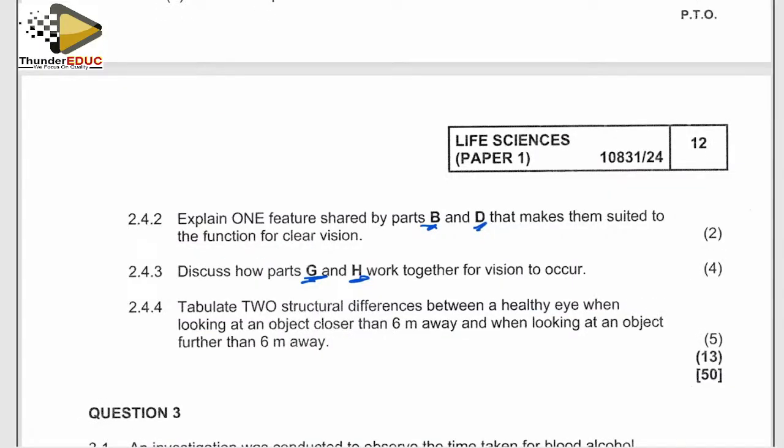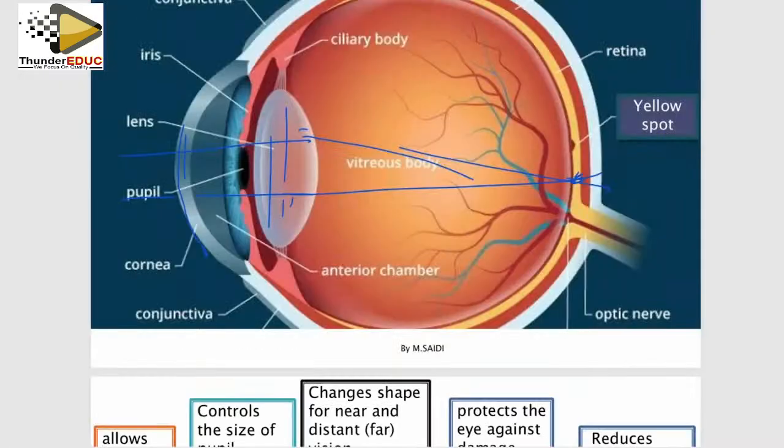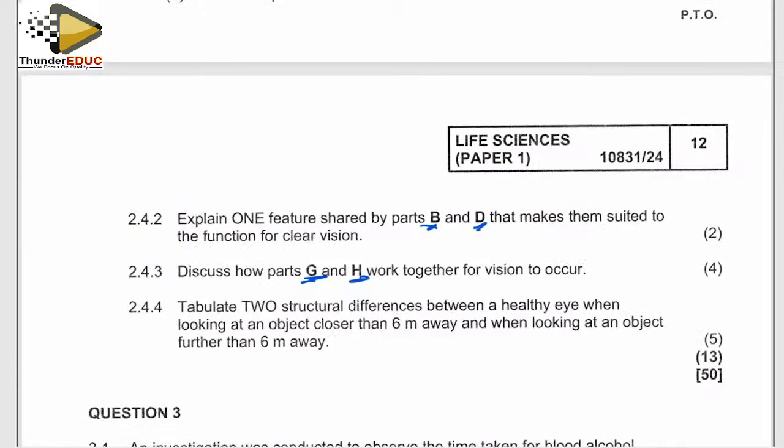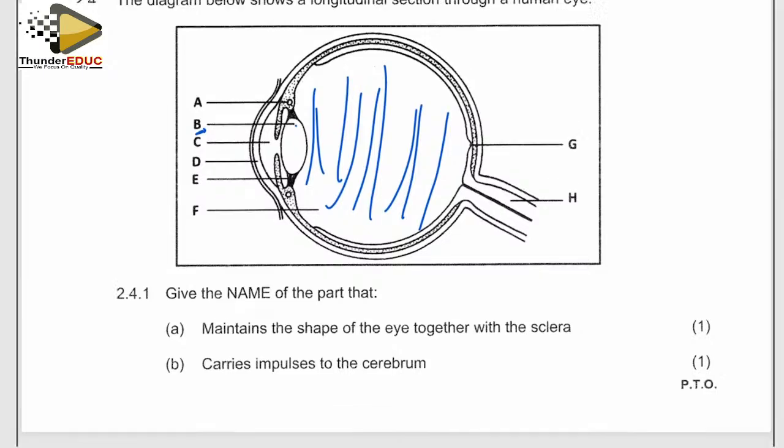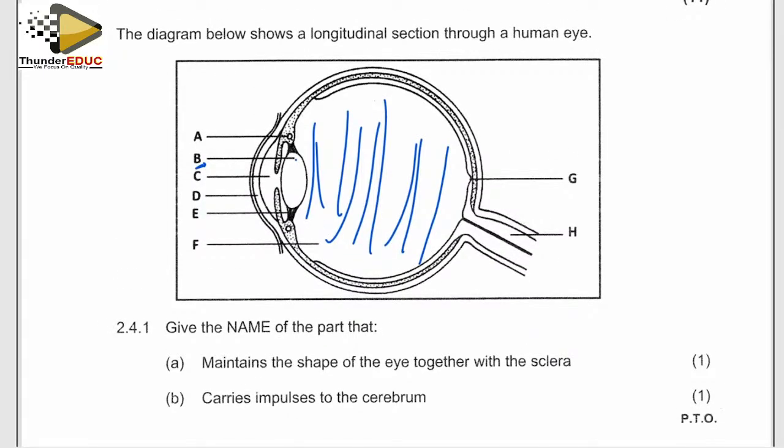Then they're saying, explain how G and H work together to bring about vision. G and H. Let me check and see. So basically G is what you call the fovea, the yellow spot.